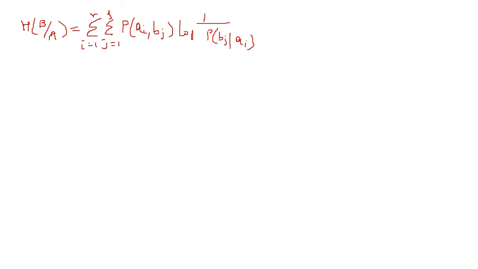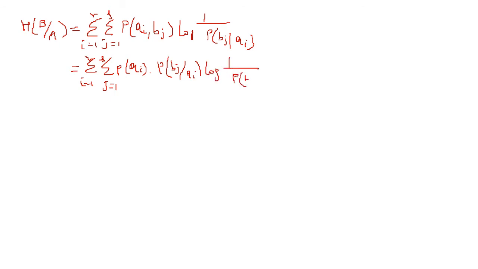So this is the definition of your equivocation function. Now we'll simply write this equation as summation i varying from 1 to r, j varying from 1 to s, p(ai) into p(bj/ai) into log of 1 by p(bj/ai).